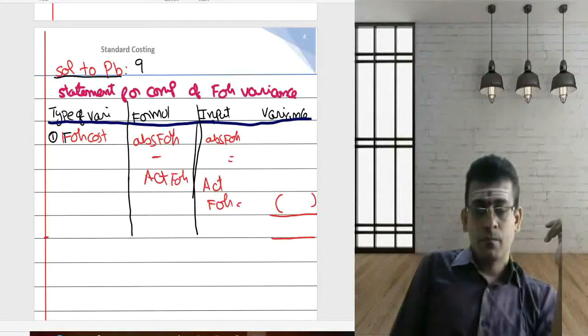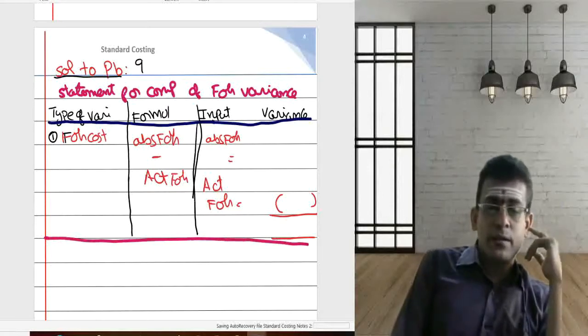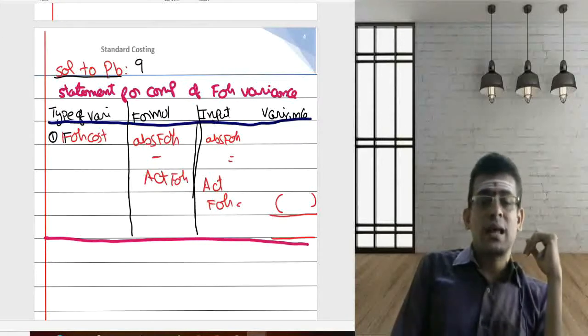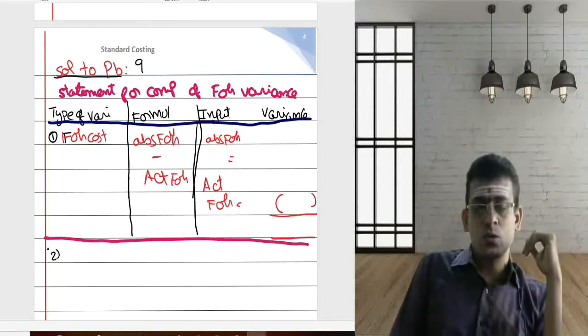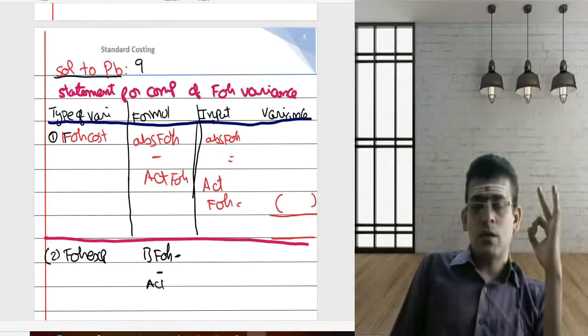Then, second, what is the second variance he is asking? He is asking you to determine your expenditure variance. So take your fixed overhead expenditure variance and write down the formula. What is the formula? Budgeted fixed overhead minus actual fixed overhead.